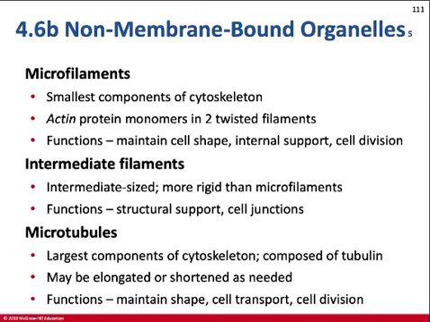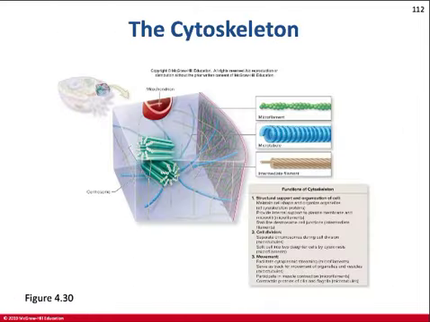Intermediate filaments are rigid and are designed to promote cell-cell junctions and to stabilize membrane protein position. So they're sort of like a framework for the cell. And then the microtubules are the largest of the three types of filaments, and they serve as train tracks or pulleys to move organelles or chromosomes to a particular destination.